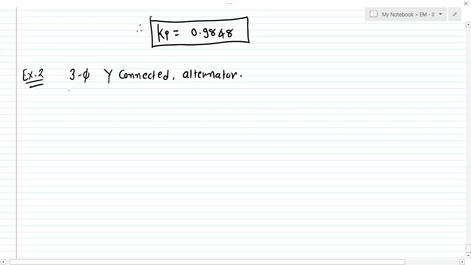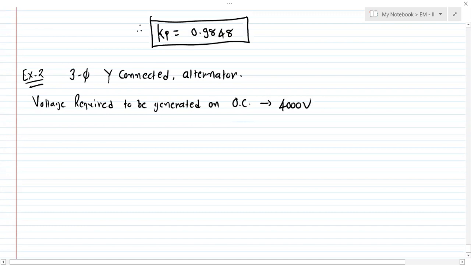When we are not connecting any load to the alternator, it is required to generate 4000 volt at 50 hertz, and the speed is 500 rpm.